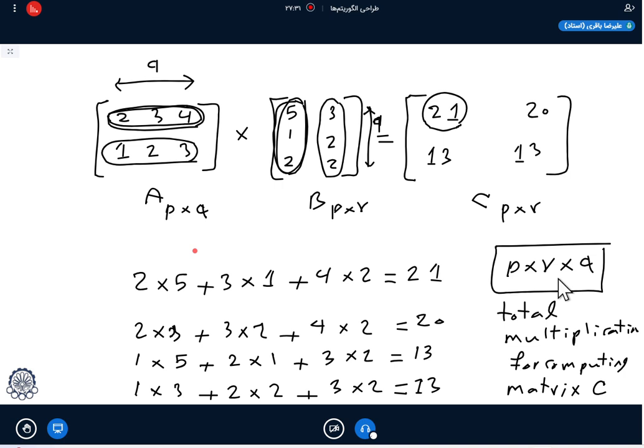So we should do P multiplied by R multiplied by Q multiplications for computing matrix C for multiplying A to B.